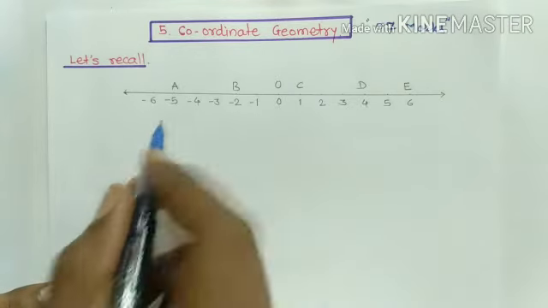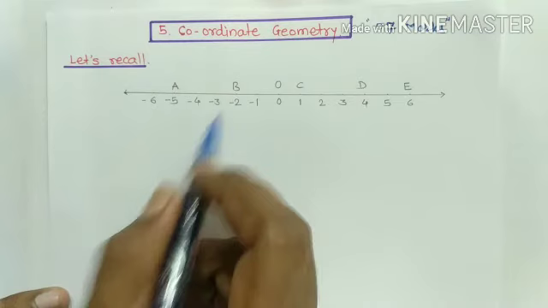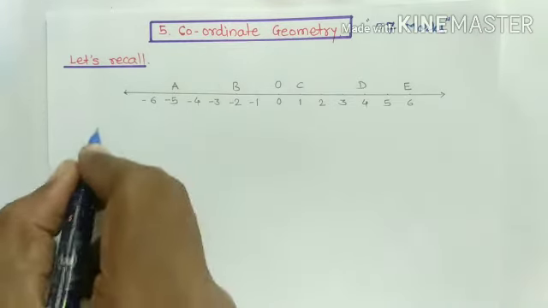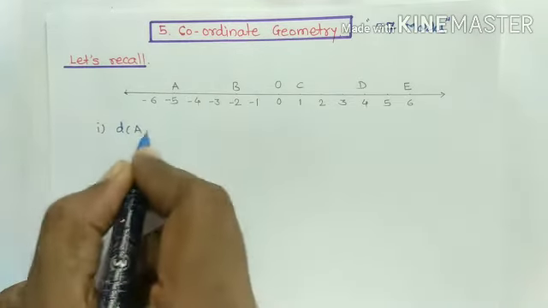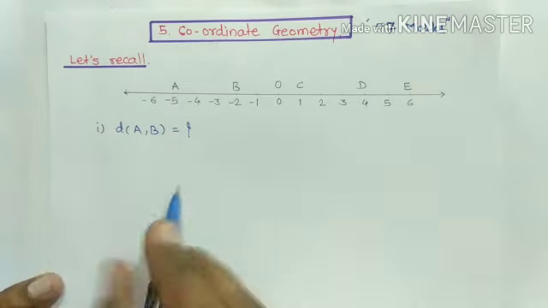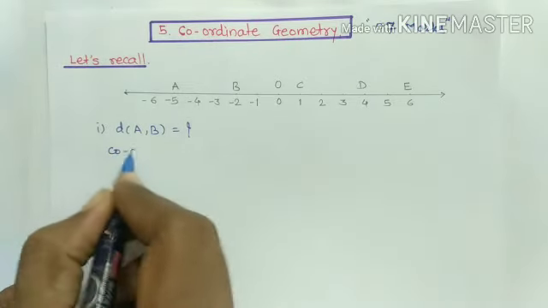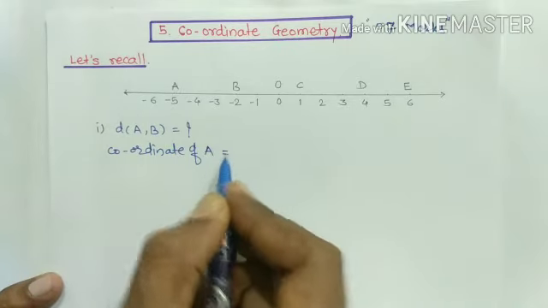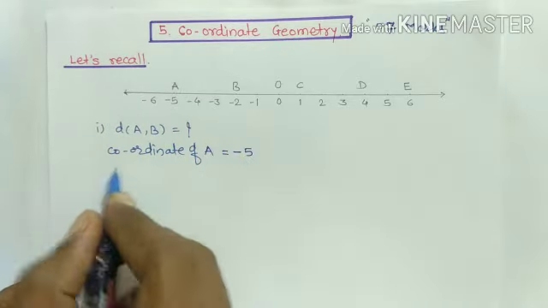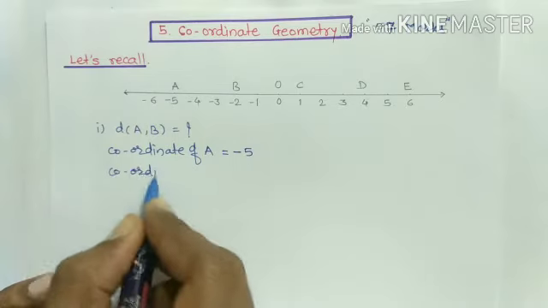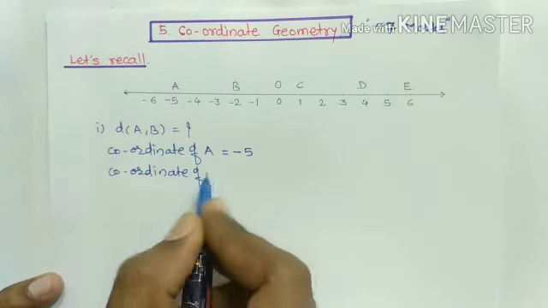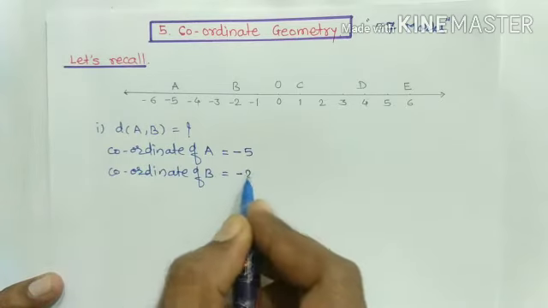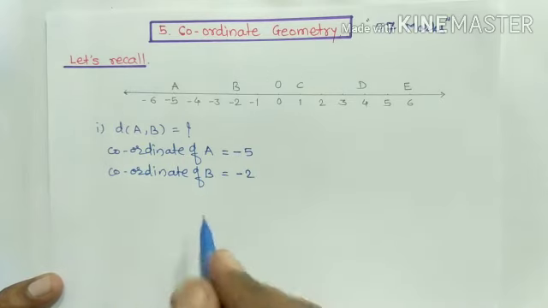And to find the distance between any 2 points, see for example, here we find the distance AB. To find the distance AB, the coordinate of A is -5. Then coordinate of B, it is -2. Here which coordinate is greater?